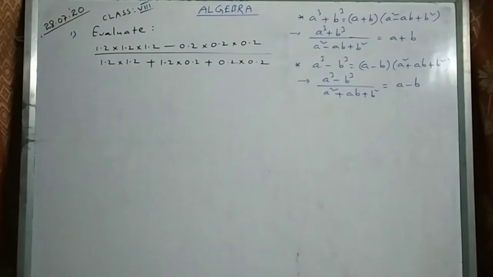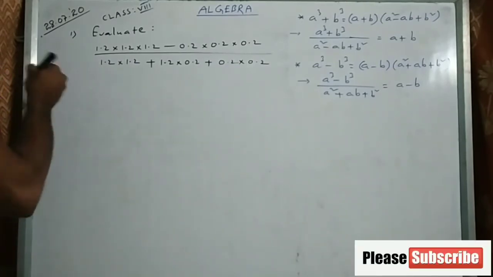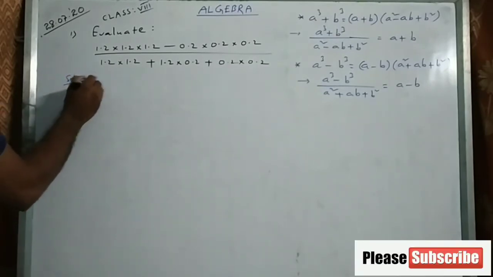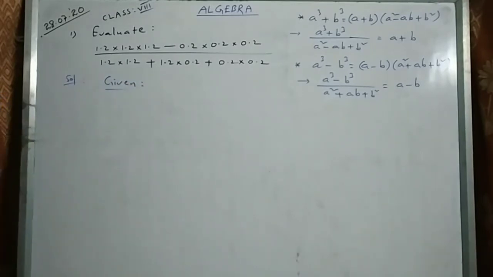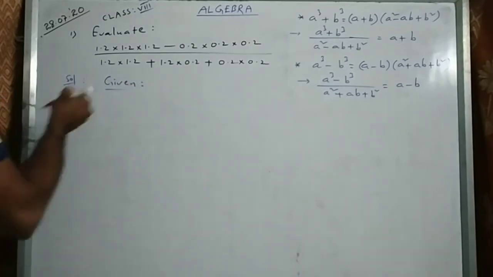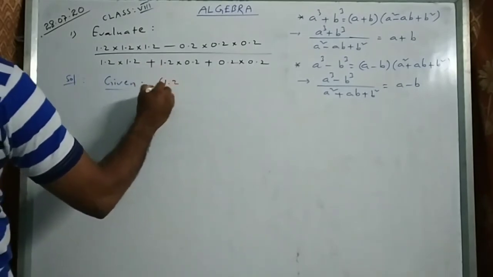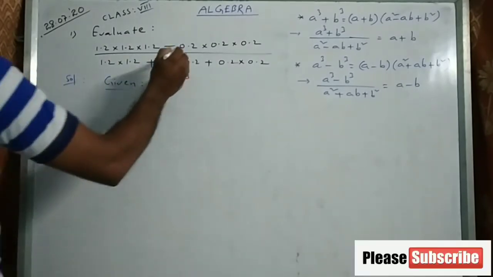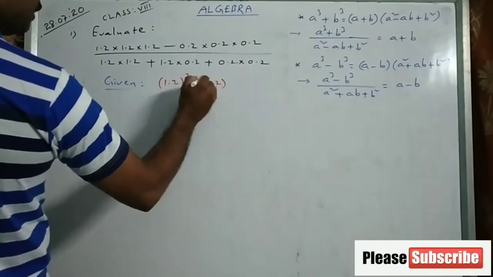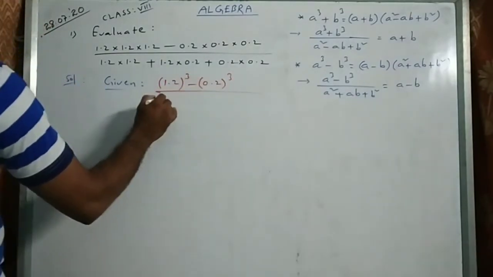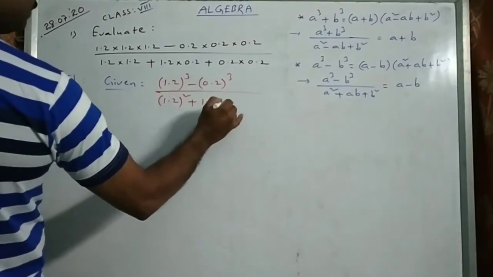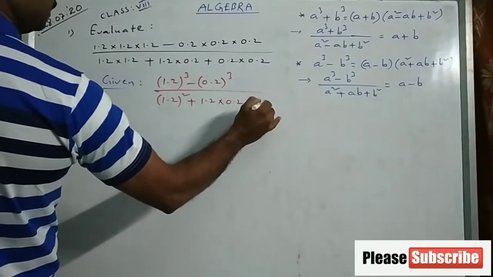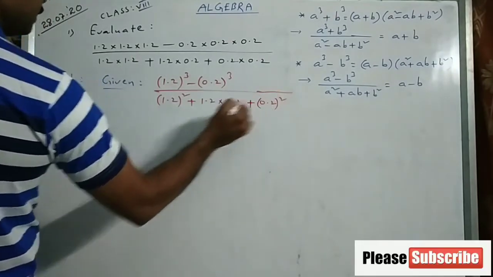Okay? What is that form now? Solution. What is given? 1.2 whole cube minus this also 0.2 whole cube upon 1.2 whole square plus 1.2 into 0.2 plus 0.2 whole square.